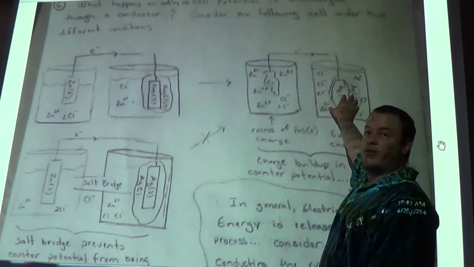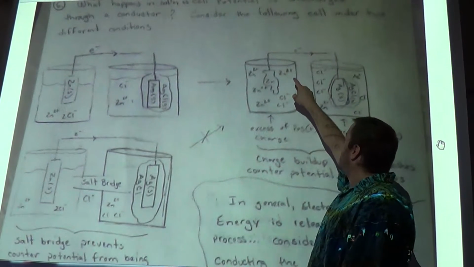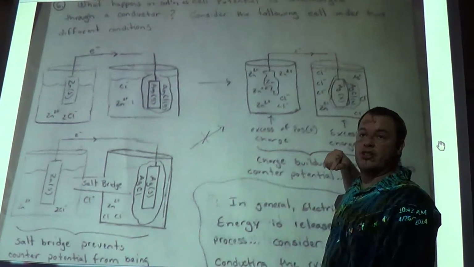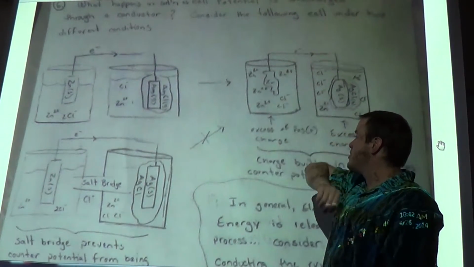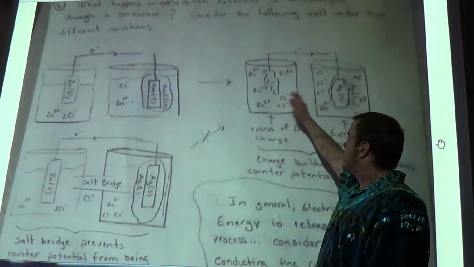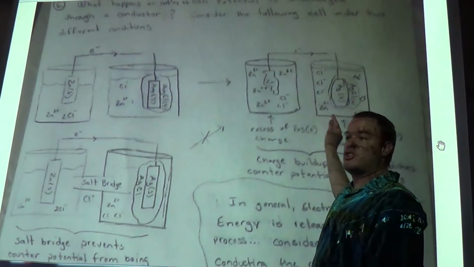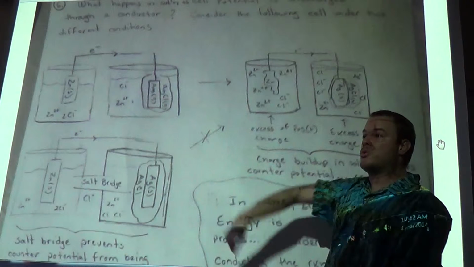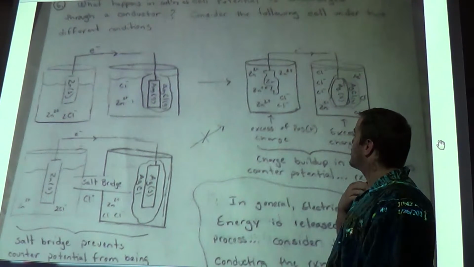If you've got an excess of negative charge in this solution, that excess negative charge is going to begin repelling electrons that previously were trying to cross this bridge, right? And so the potentials of the aqueous phases will change, such that eventually the electromotive force is turned to zero and no more electricity flows.